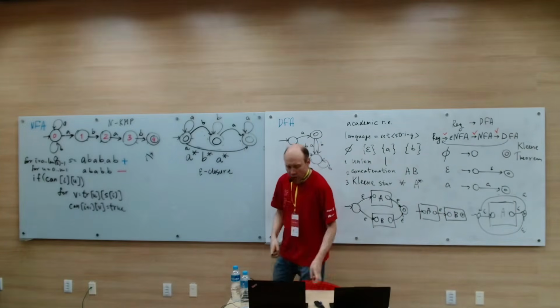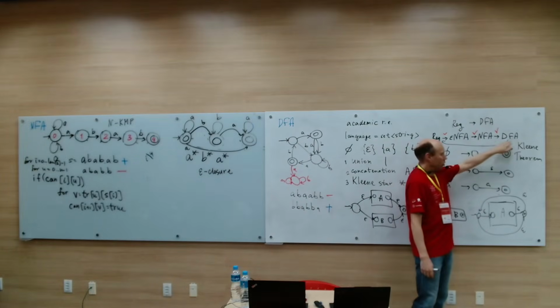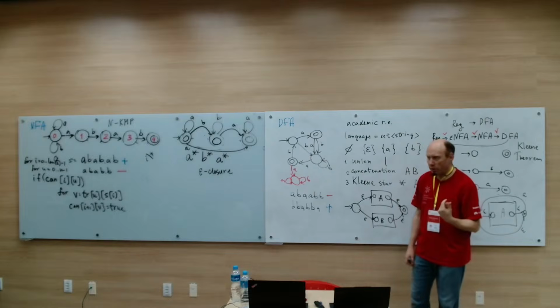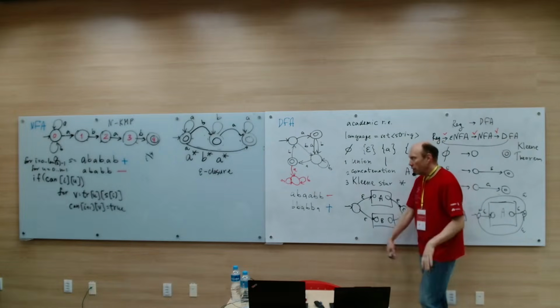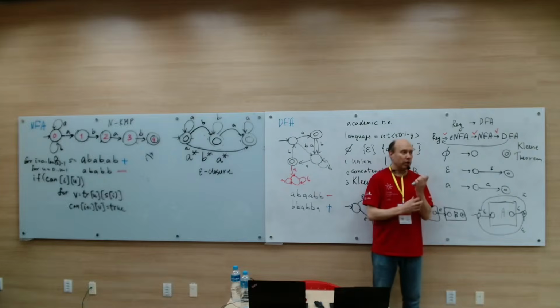Okay, so now we get from regular expression to DFA. Now what could we do with DFA? First of all, DFA has several nice properties. First of all, it's a graph.